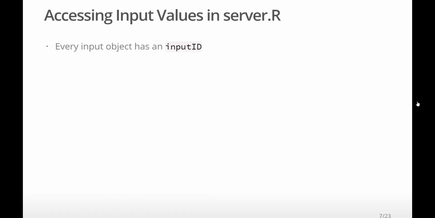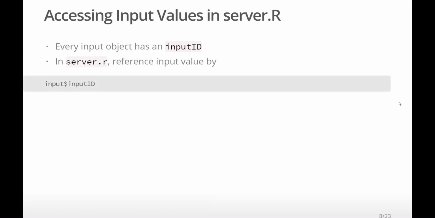Okay, so let's just talk a little bit more about those names. So remember that every input object we're dealing with has an input ID argument, and that's the first thing that we're giving it as a quoted string when we're defining a UI element, a widget. And so in the server.R, we're referencing that by using input $ and then giving the name of that. Okay. So we kind of have this input list with different named list elements here.